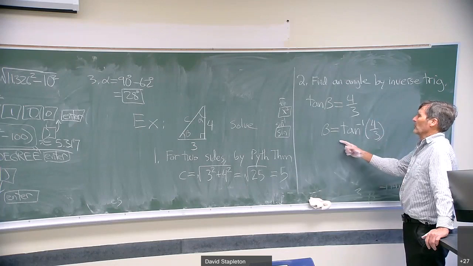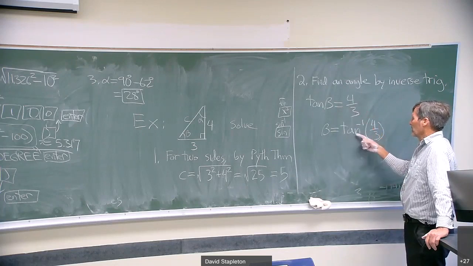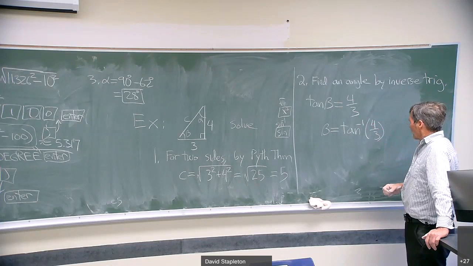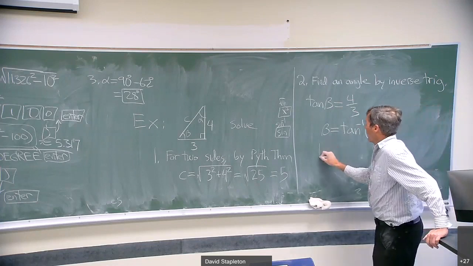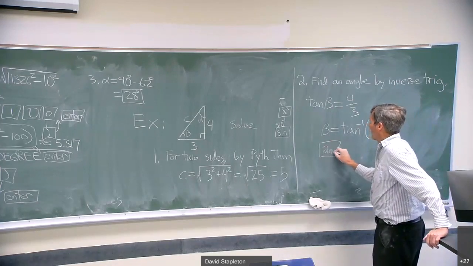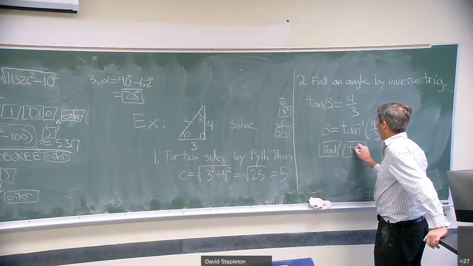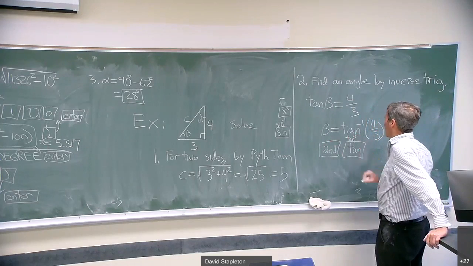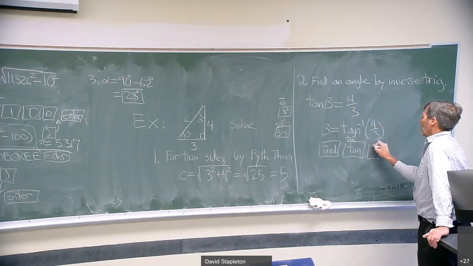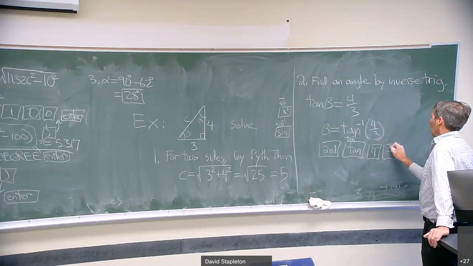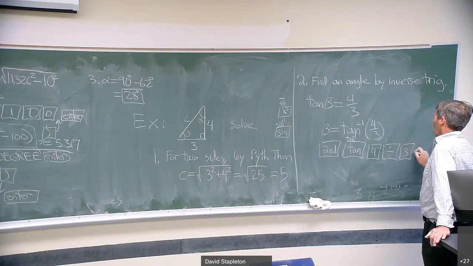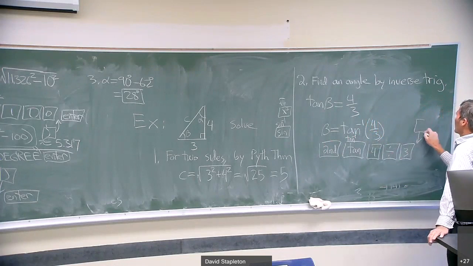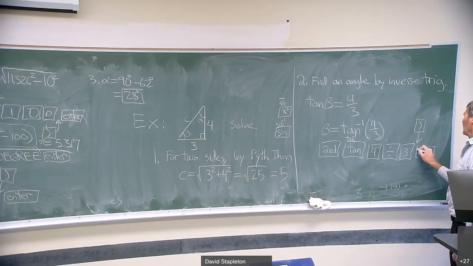The only angle in the first quadrant whose tangent is this number is this arctangent. So what do we do? We simply type that in the calculator. You type second tangent, because over the tangent button is the inverse tangent or arctangent. And then you can put 4 divided by 3, close your parenthesis if your calculator doesn't, and push enter.